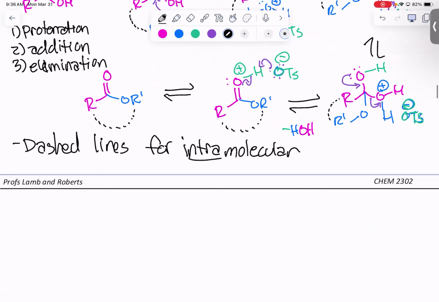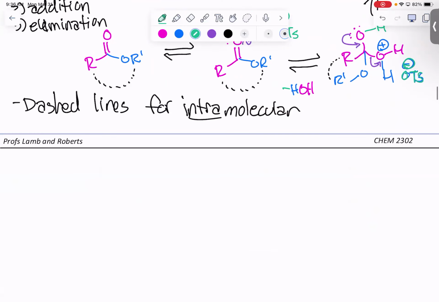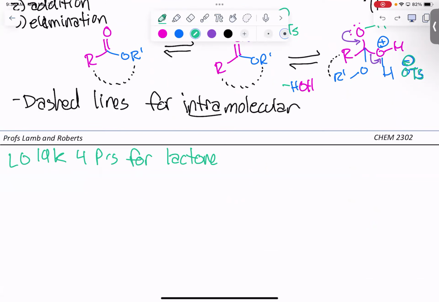All right. So we have the learning objective 19K. And this is going to be the 4 P's for lactone formation. So lactones are just esters that are in a ring. So I'm going to put in parentheses after lactones, cyclic esters. All right, that's the name of that functional group.